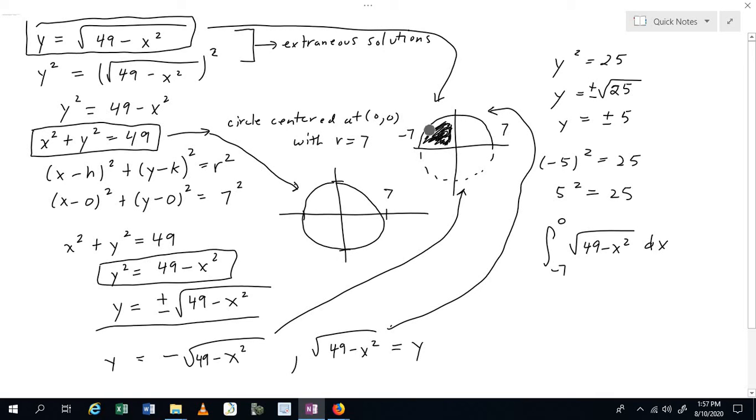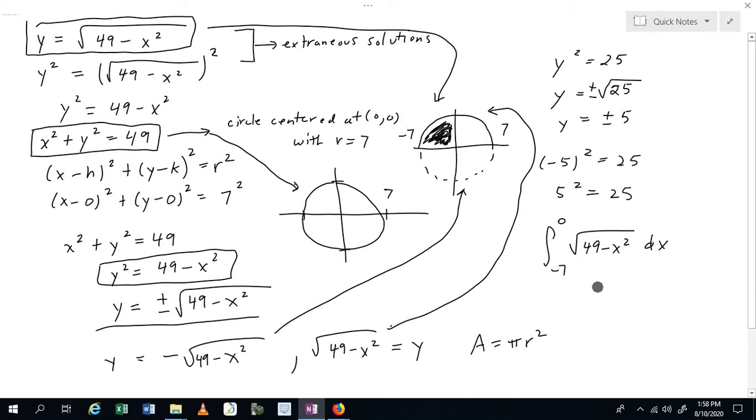which happens to be just 1/4 of this circle centered at (0, 0) with a radius of r. So if we want to find this area geometrically, we could just take 1/4 of the area of this circle. And remember, the area of a circle is pi r squared.